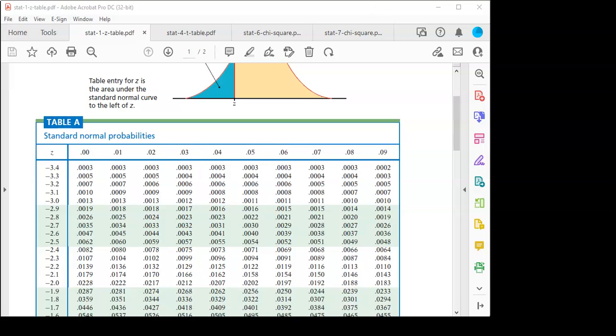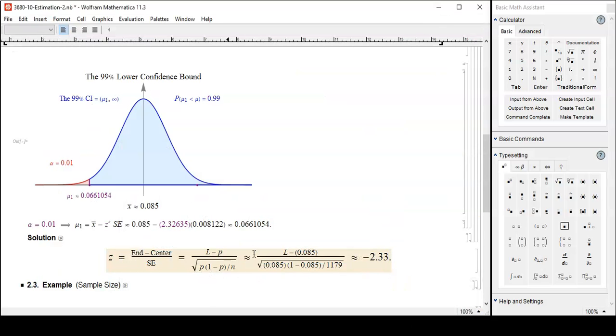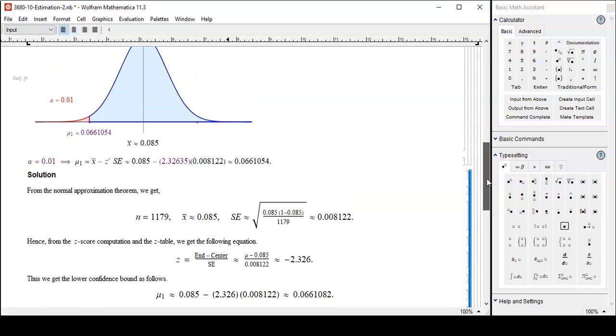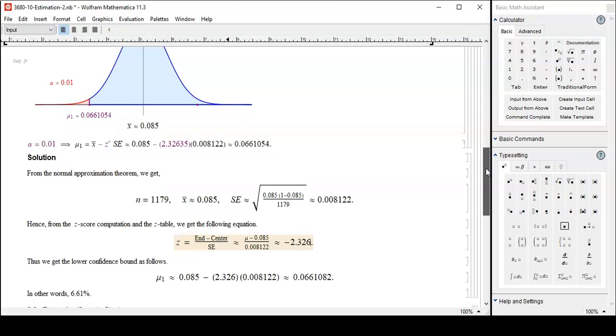Let's erase these and let's go back. So that's negative 2.33. Here's an equation. Flip the denominator to the other side. Flip this to the other side. You can solve it for L. And that's what I did here. SE computation, and this is Z computation. Oh, I use a better figure using mathematical estimation, so it's negative 2.326.